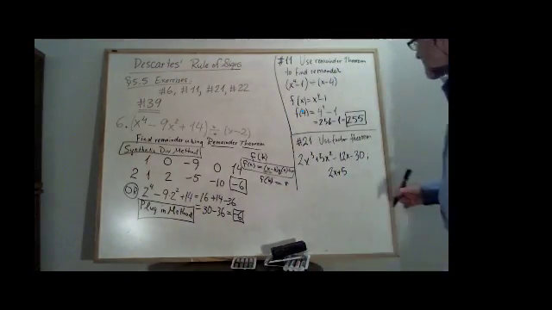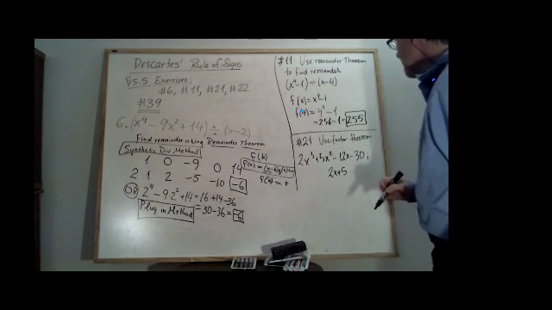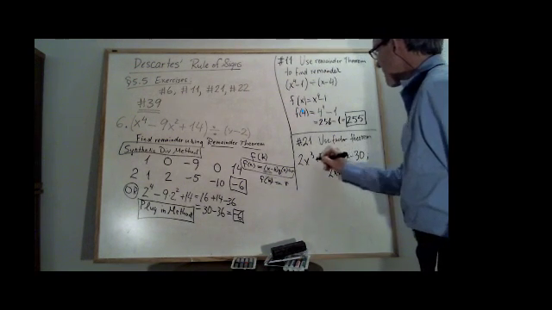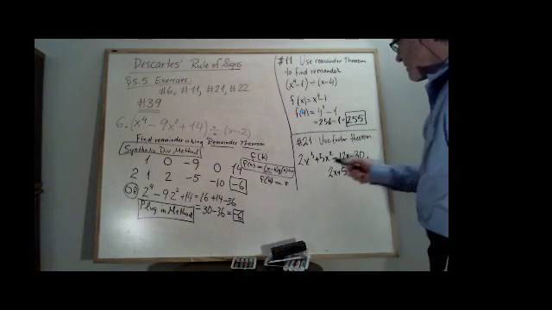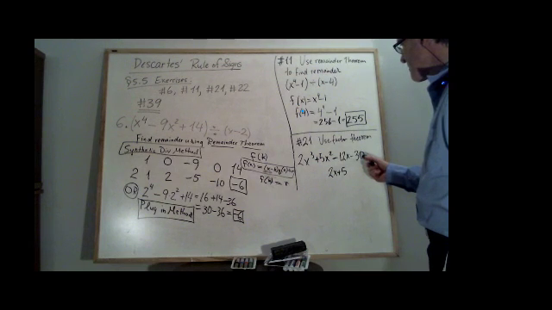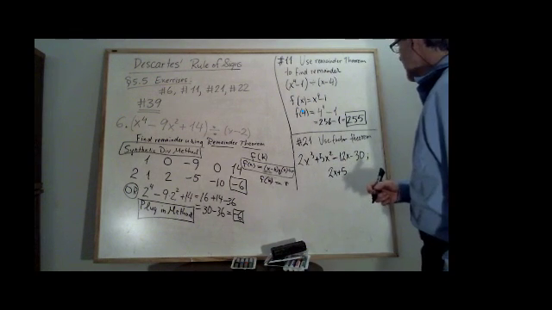Okay, so notice we're actually using one of the possible rational roots. So remember what the rational roots are. They are any factor of 30 divided by any factor of 2. Right?